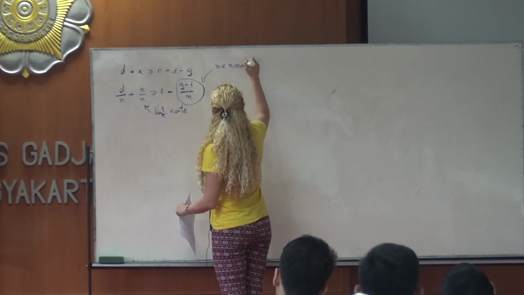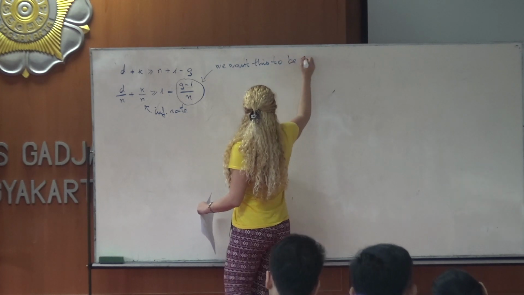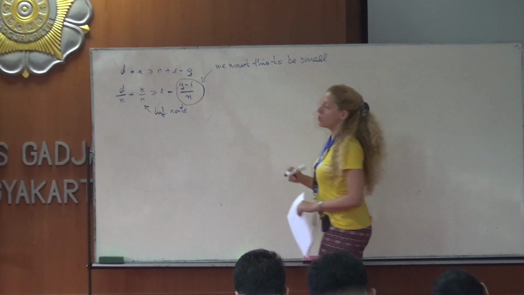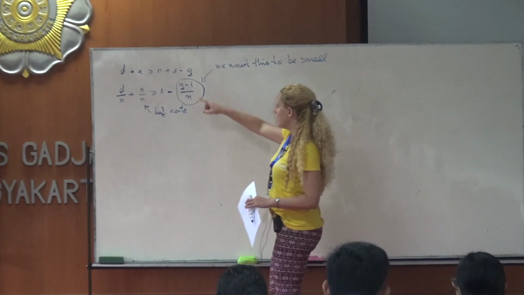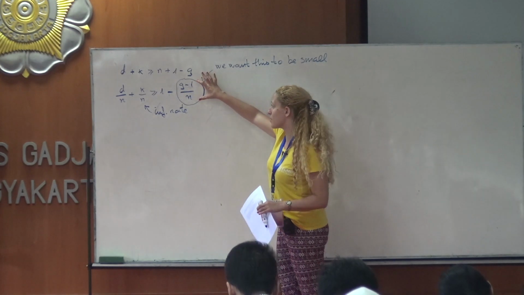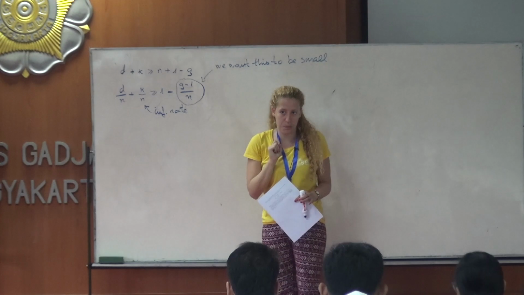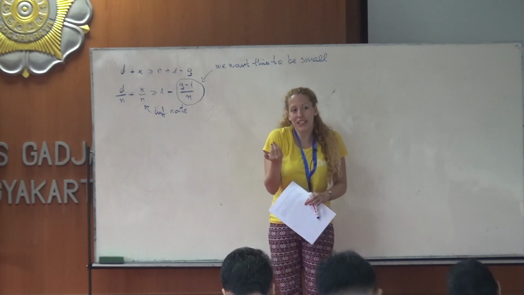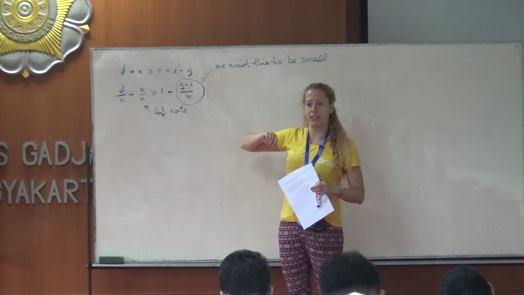We want this to be small. But what is this? g is the genus of the curve. So if we want this to be small, we want the genus of the curve to be small. But on the other hand, we want n to be big, because n is in the denominator.